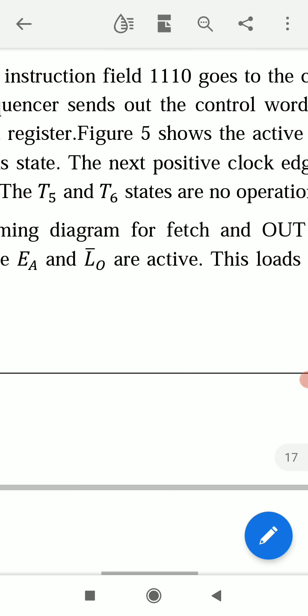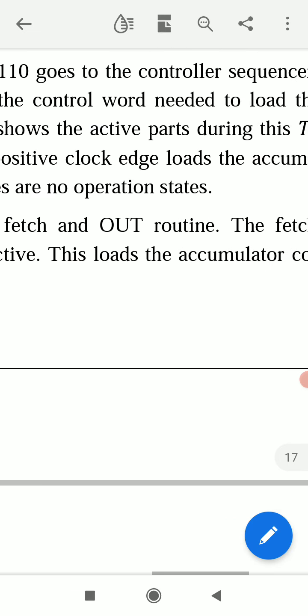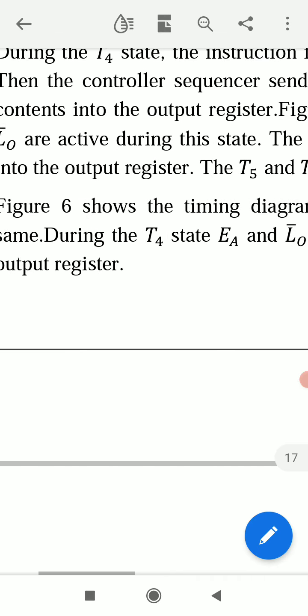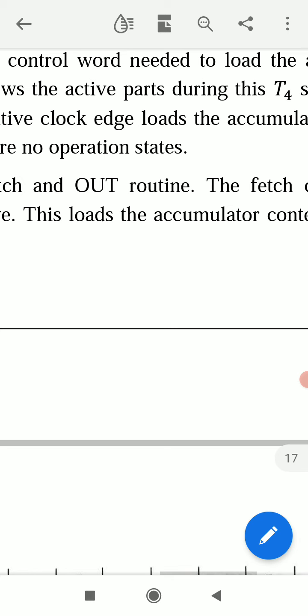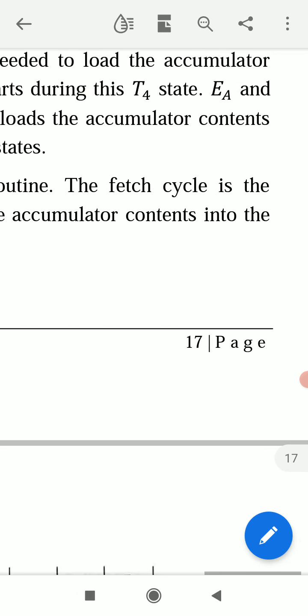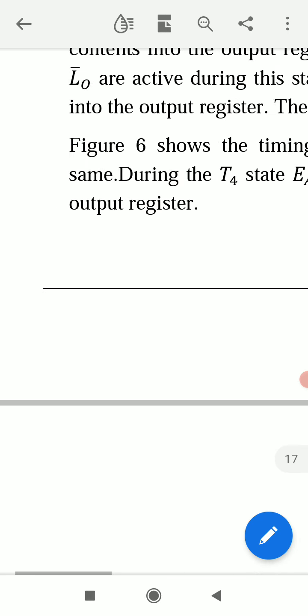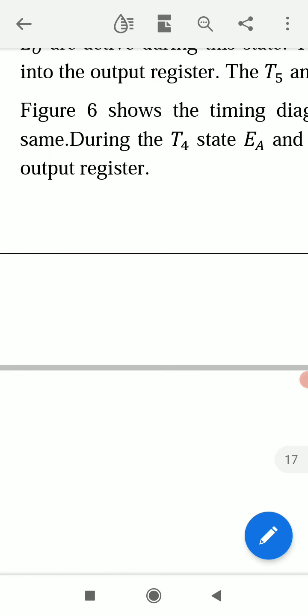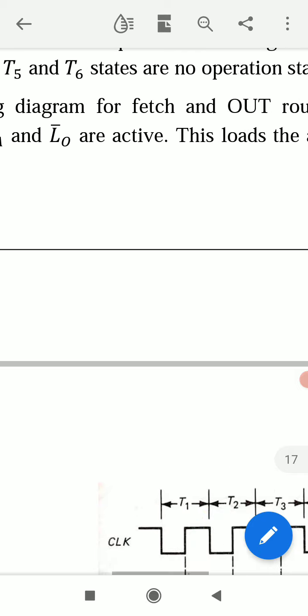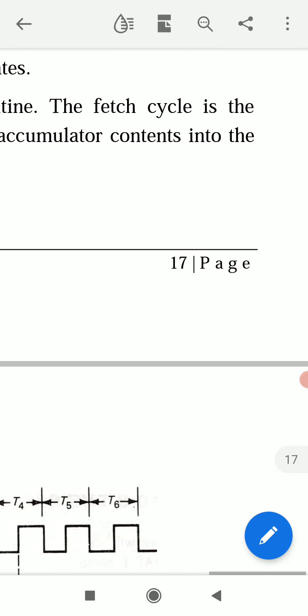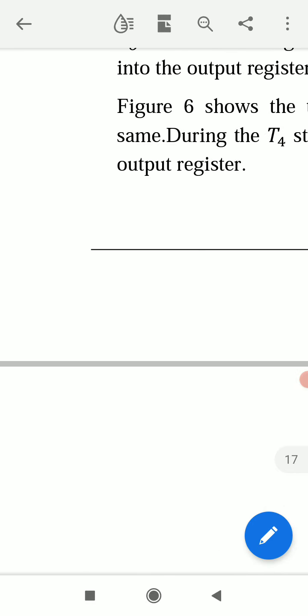The T5 and T6 states are no operation states. Figure 6 shows the timing diagram for fetch and out routine. The fetch cycle is the same. During the T4 state, EA and LO bar are active. This loads accumulator contents into the output register.